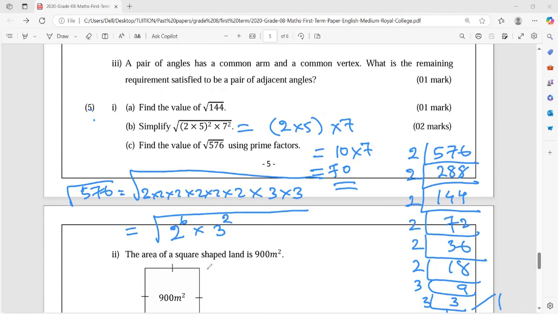And we can write it like 2 to the power 2 into 2 into 3 to the power 2. When the square root sign goes off, this 2 and this 2 will go off. This is going to be 2 to the power 2 into 3. This is equal to 4 into 3 equals 12. Right?